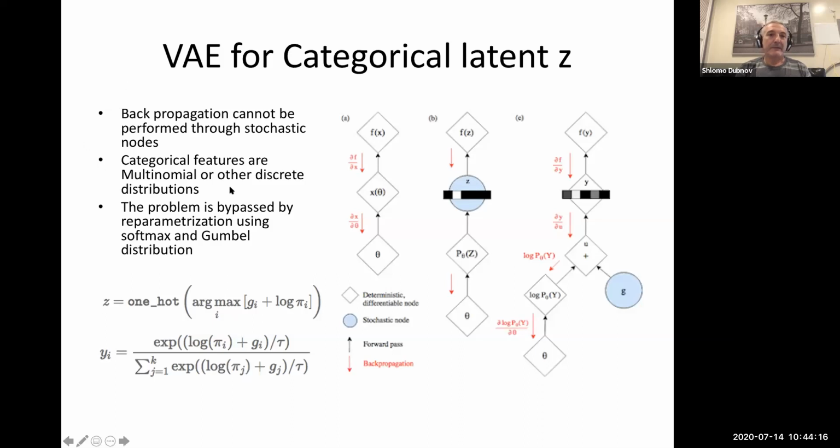Now, you can think also about the problem that your features, or your data, is described as categorical features, such as multinomials or some other discrete distributions. That also creates a problem for differentiation, because it's impossible to do perturbations on the parameters of a discrete distribution.